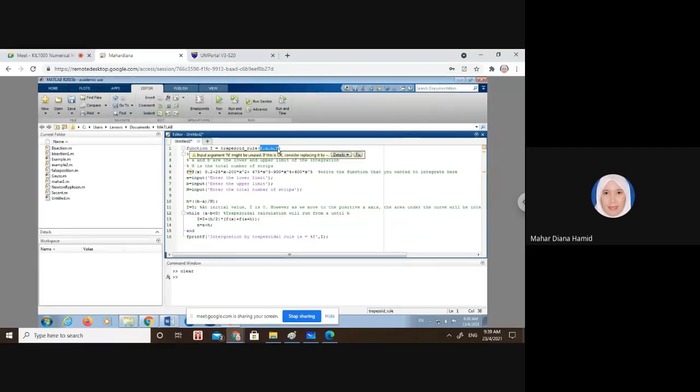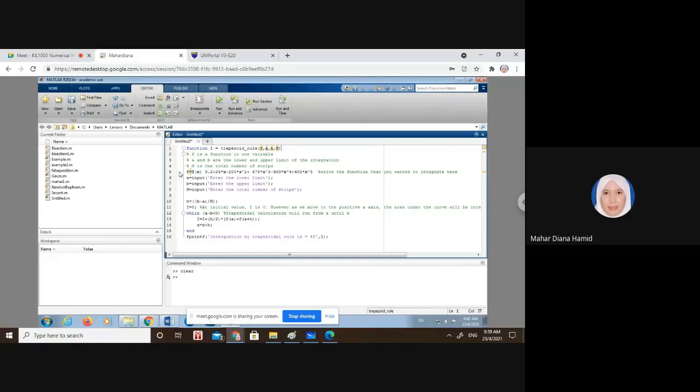So if the question asks you only for a simple trapezoidal rule, we are going to assume that N is equal to 1. Unless stated in the question itself that the segments would be more than 1, you have to assume that it's equal to 1 if we are going to use a basic trapezoidal rule.